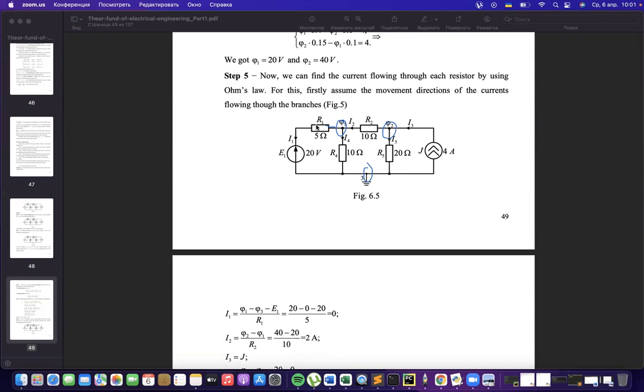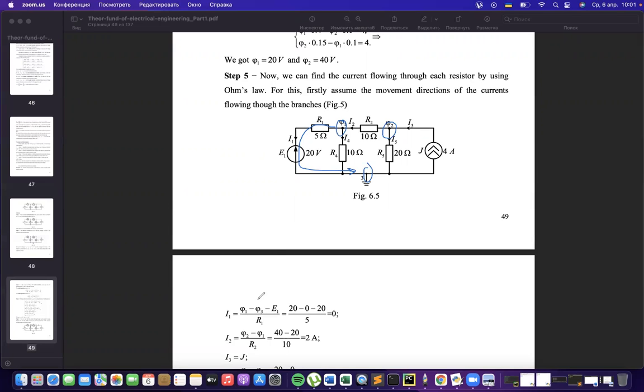For example, for current number 1, we see that it lies between potential first and third. Also, one source of energy is present here. The direction of the source of energy is opposite to the current.